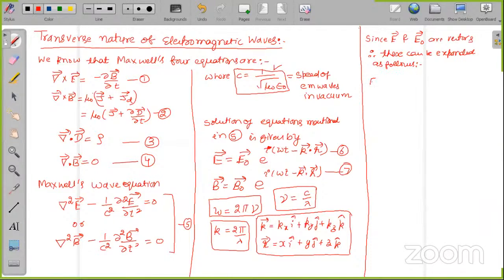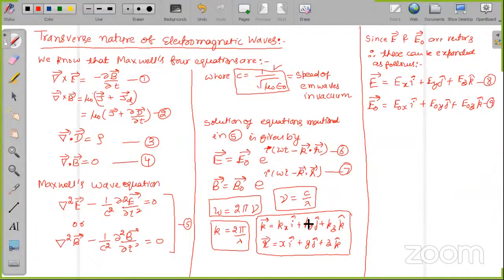I think you will not feel any problem in this. E vector can be written as Ex i cap plus Ey j cap plus Ez k cap. Any vector can be written like this. Let me write this as equation number 8. And E0 vector can be written as E0x i cap plus E0y j cap plus E0z k cap.